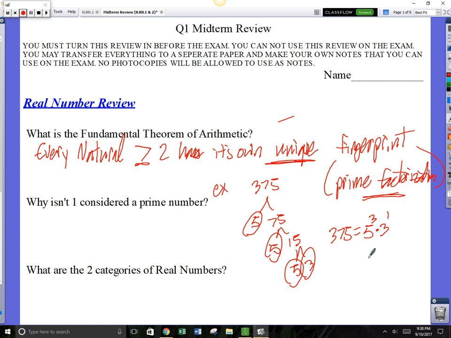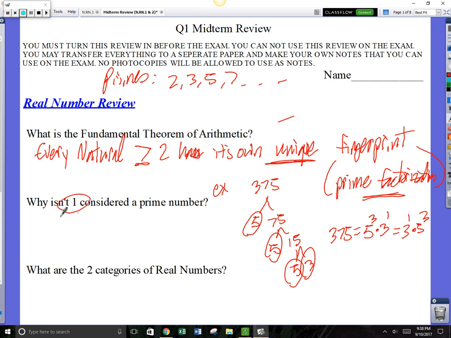And the order doesn't matter, which is equal to 3 to the 1 times 5 cubed. So the list of primes, the very first prime is 2, then 3, then 5, 7, etc. So this is a big deal.